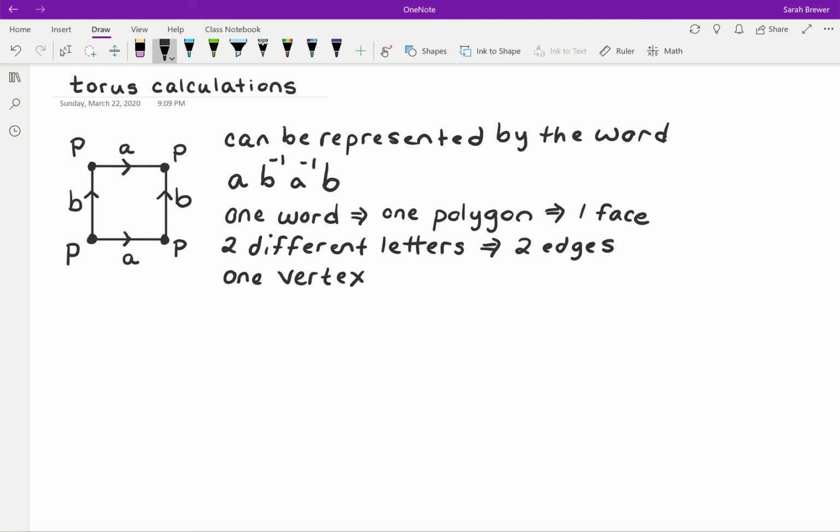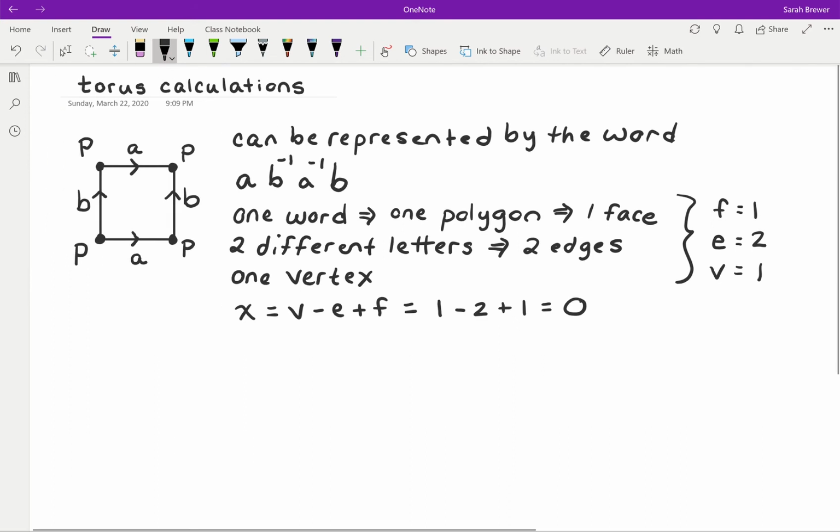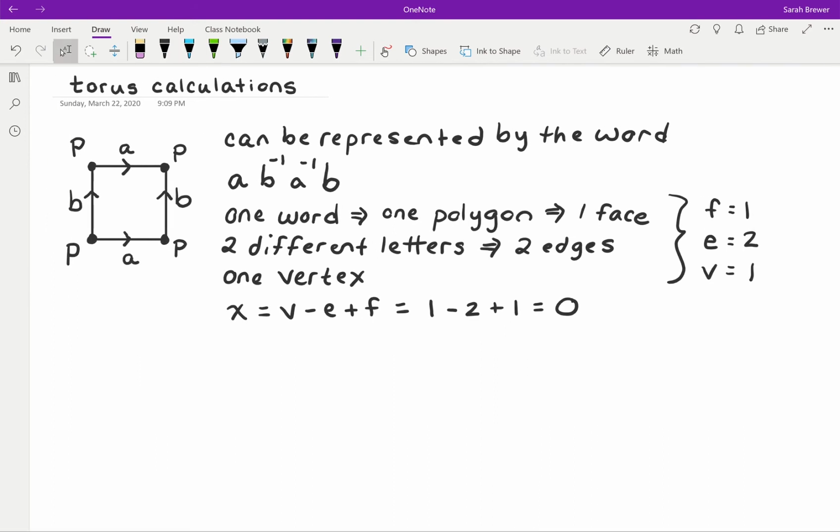So now I know that my number of faces is 1, my number of edges is 2, and my number of vertices is 1. So I can compute my Euler characteristic, vertices minus edges plus faces, which here is 1 minus 2 plus 1, which is 0. So we have an Euler characteristic of 0.